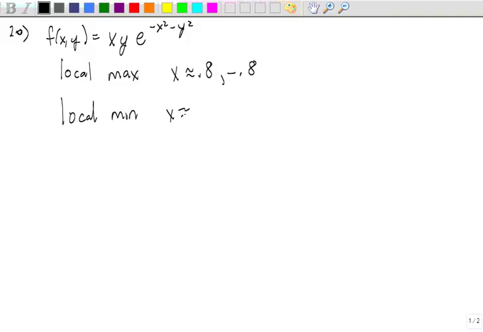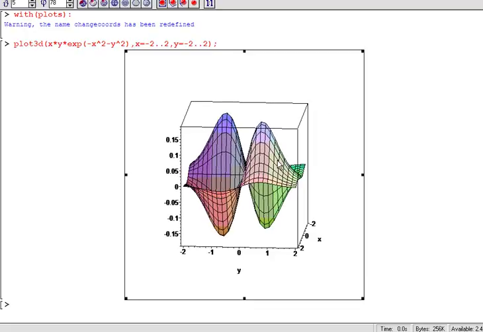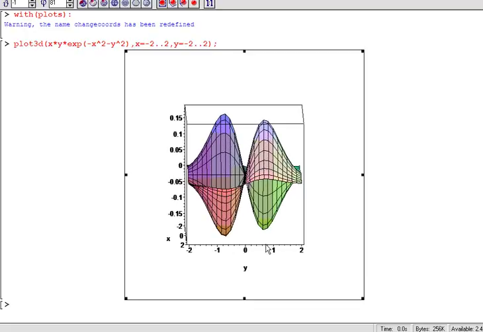So the y values are going to be different. So local max, x is about 0.8, y is, again, we're just estimating this. Let's turn this around. Okay, so x is 0.8, y is 0.8.